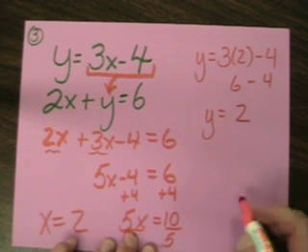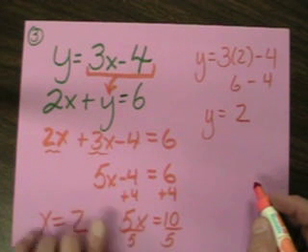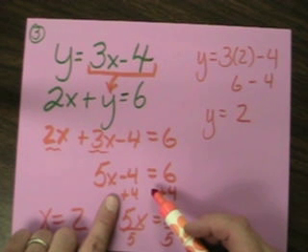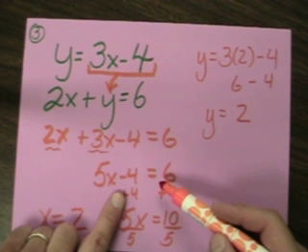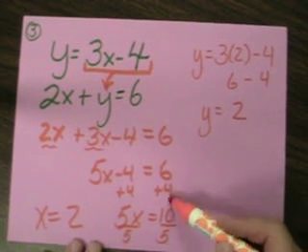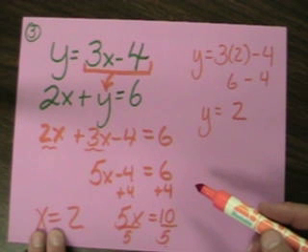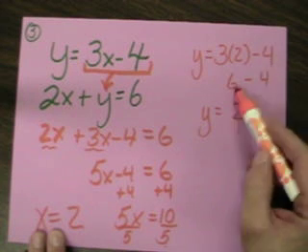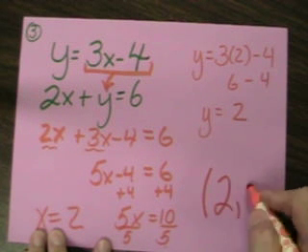Let me check it one more time. 5x minus 4 equals 6. Add 4, 10, 2. 6 minus 4 is 2. So the answer here is 2, 2.